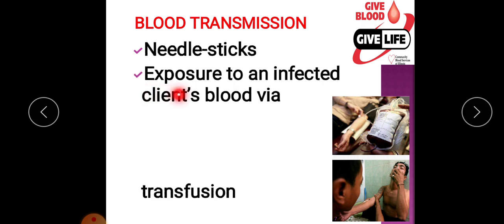Next is exposure to an infected client's blood via open wounds. It is the same concept as the needle stick.